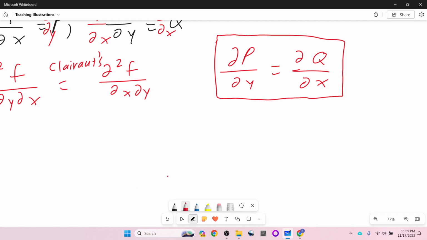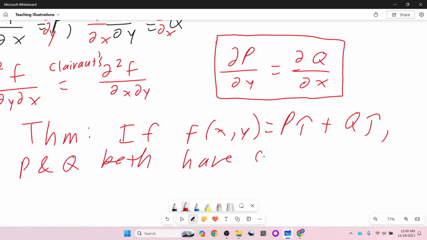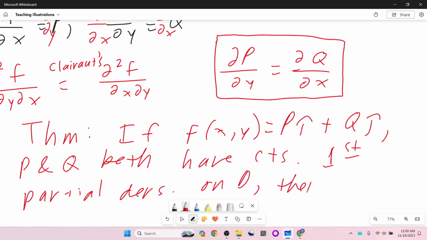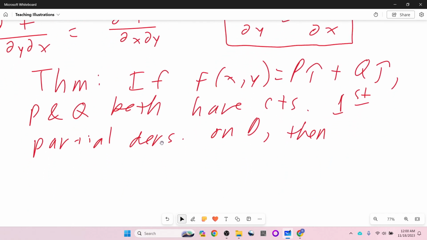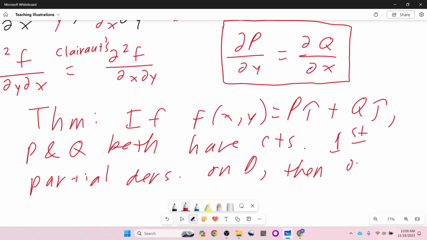So the theorem we just said is that if F is Pi plus Qj, and P and Q both have continuous first partial derivatives on D, then this is true: del P over del Y equals del Q over del X.